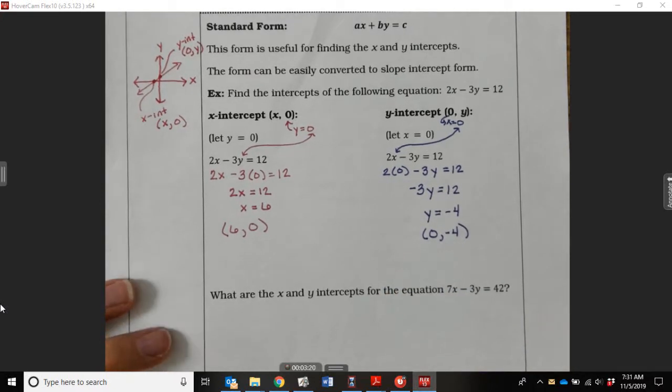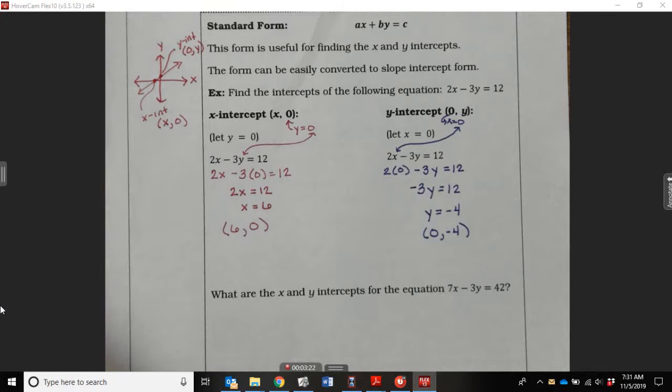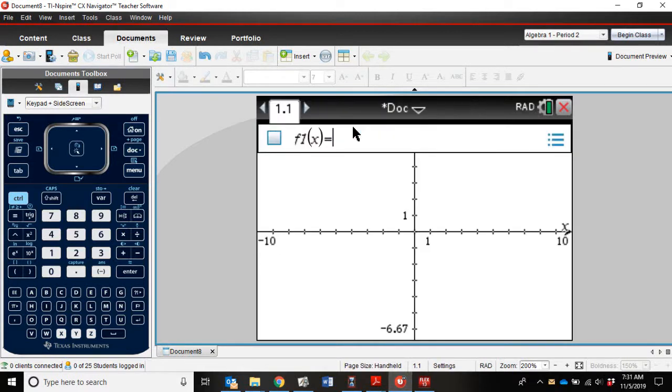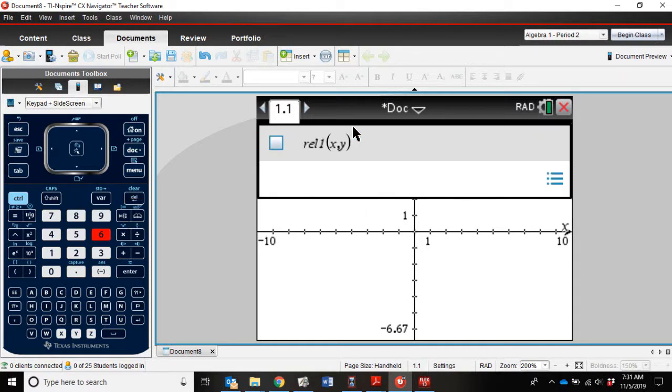Now, I've shown you already how to use the calculator, but we're going to do a quick review. So if you go to a graph page, oops, there we go. And you cannot type it here because it says f of x, so you delete your equal sign and pick a relation. And then we type in our equation, 2x minus 3y equals 12.